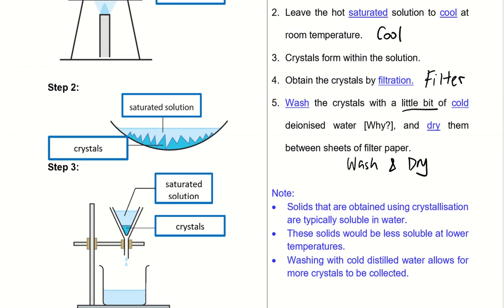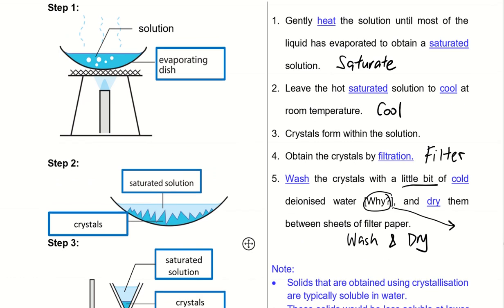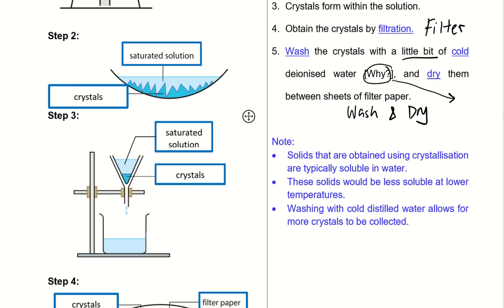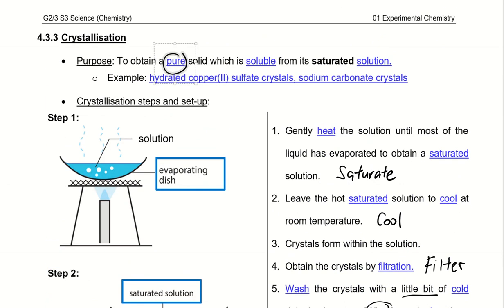Now the question is, how come I cannot use hot water to wash the crystals? Let's look back again. At the start, I have a solution and I want to obtain a solid from the solution.